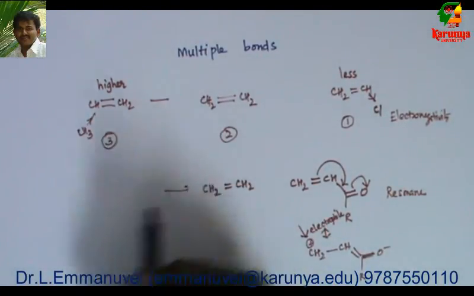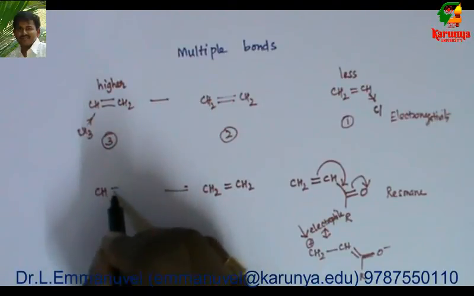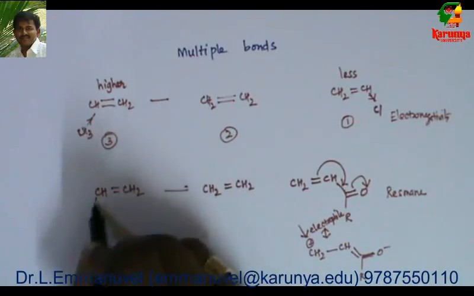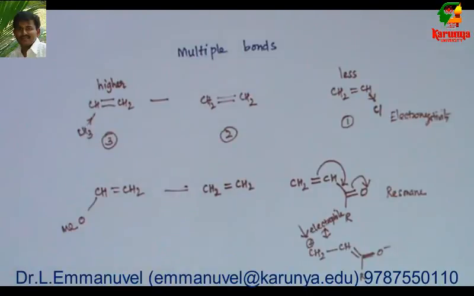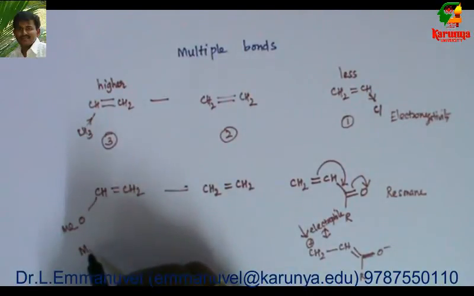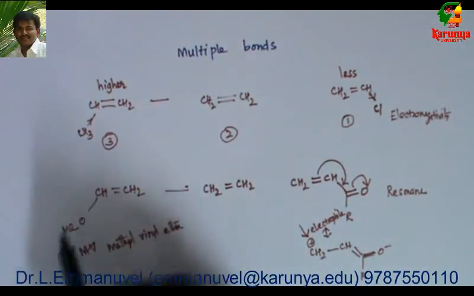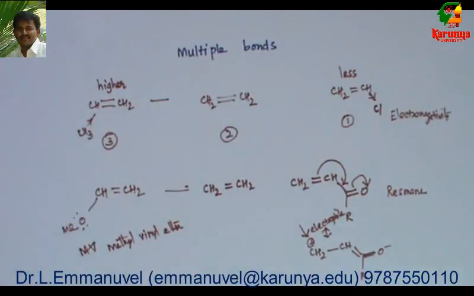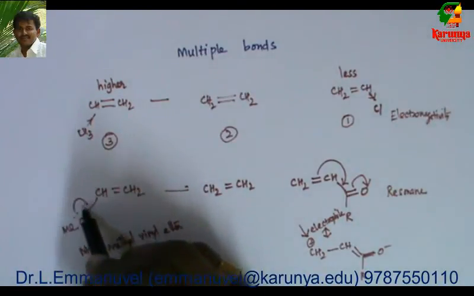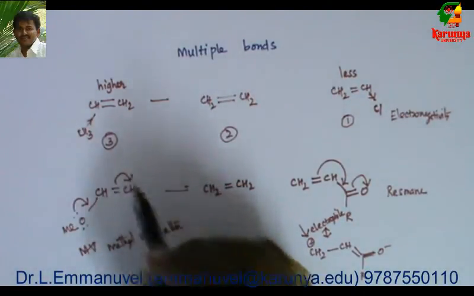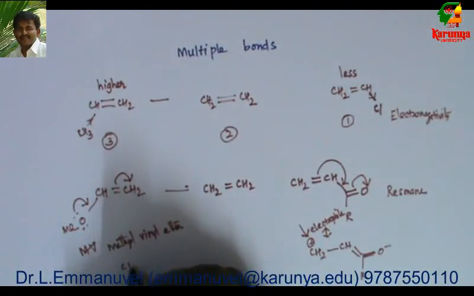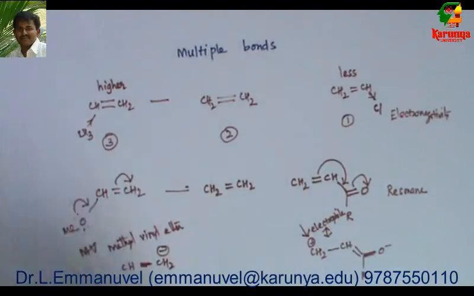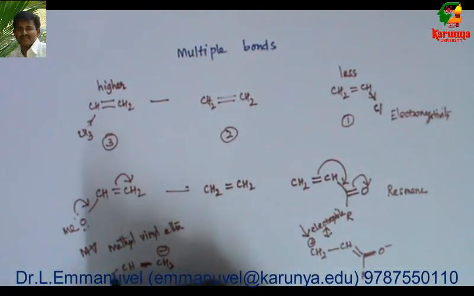I go for one more category, that is methyl vinyl ether. What about this? Here we have a lone pair of electrons. It is involved in resonance. As a result, what we get is this one.